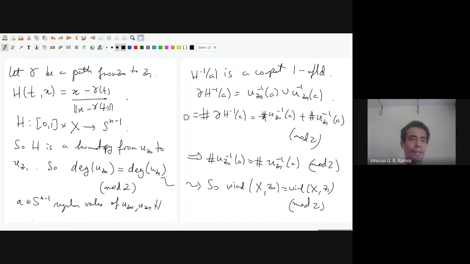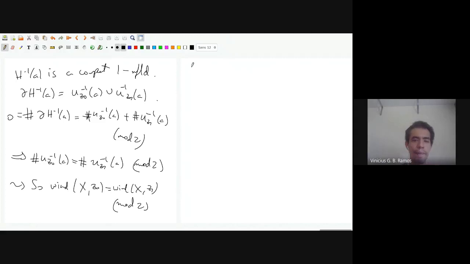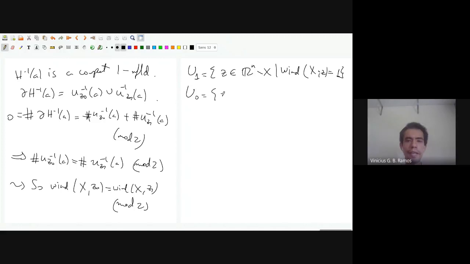Now I would like to define U1 to be the set of points Z in Rn minus X such that the winding number of X with respect to Z is 1, and U0 will be the set of Z's such that the winding number is 0.